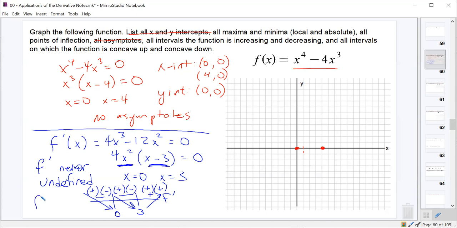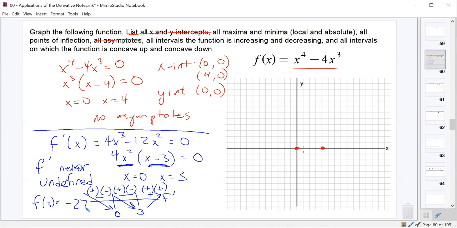So we'll find f of 3. If we plug 3 into that, 3 to the 4th power is 81. And then we're going to subtract from that 4 times 27, which is 108. We've got 81 minus 108, which ought to be negative 27.